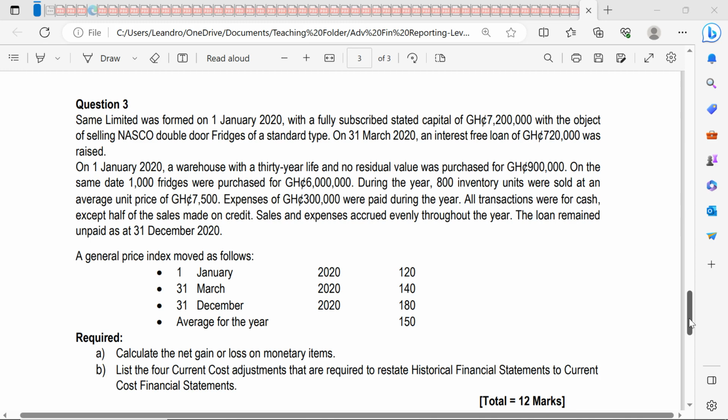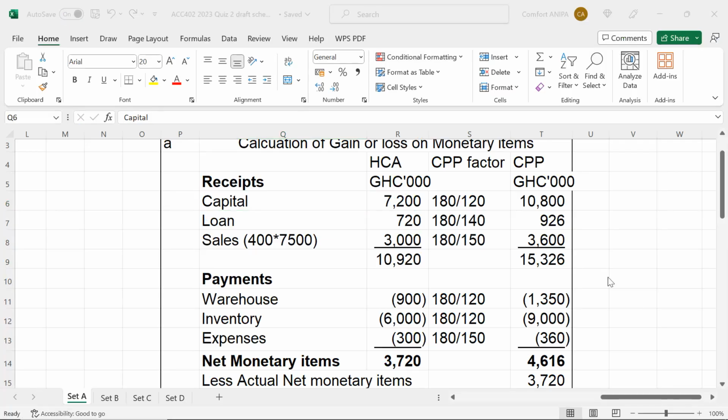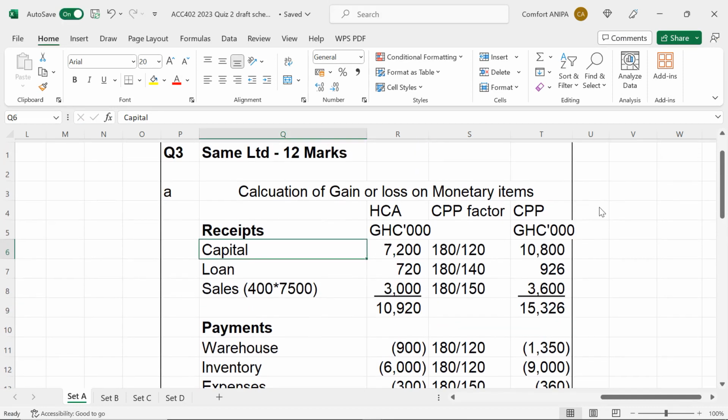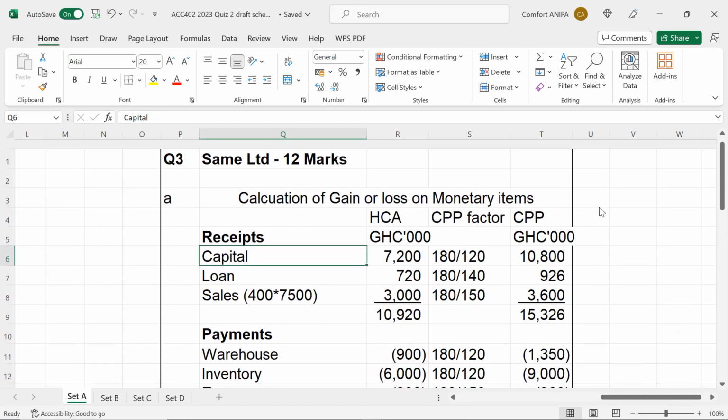There are two different requirements. This is just the monetary items. So you have to look for all monetary items in the form of receivables, cash, loans, and then you translate them. Okay, so this is how that will look.